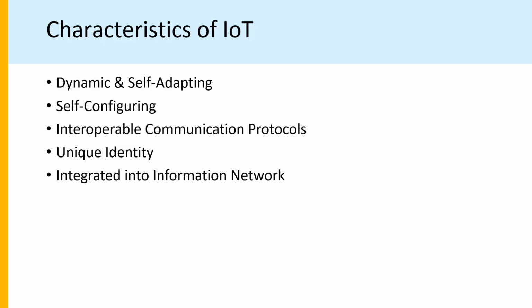Each IoT device has a unique identity and a unique identifier, such as an IP address. IoT systems may have intelligent interfaces which adapt based on the context, allowing communication with users and their environmental context. IoT devices are usually integrated into the information network, which allows them to communicate and exchange data with other devices and systems.